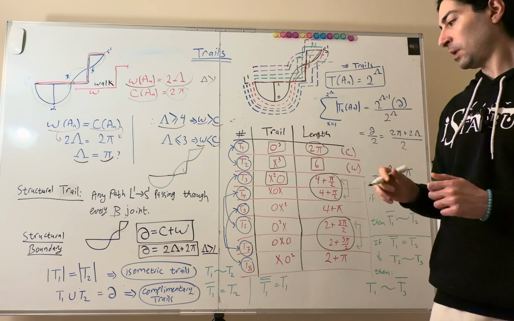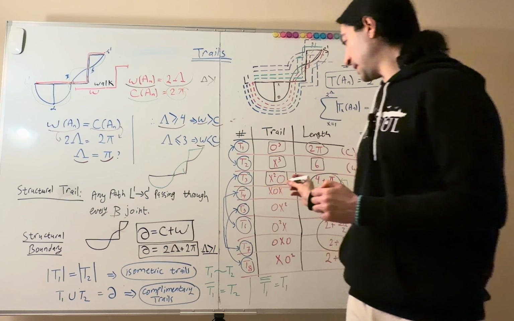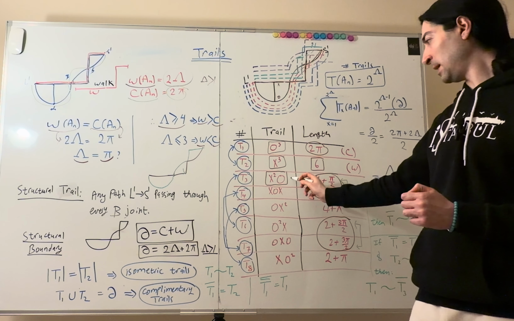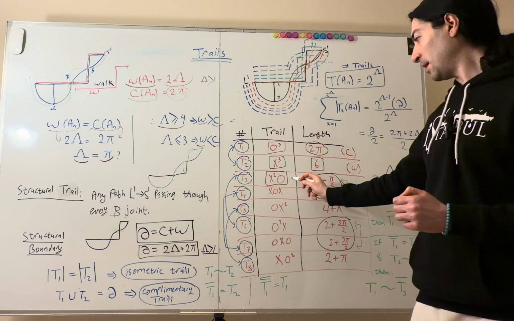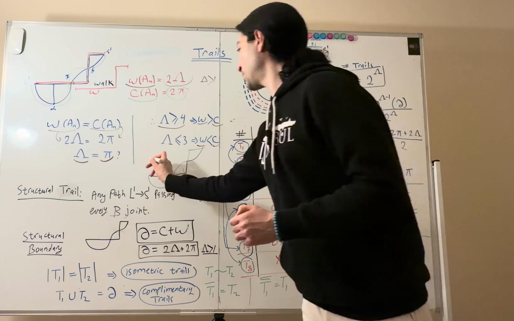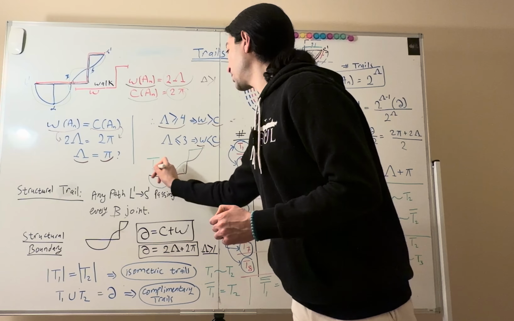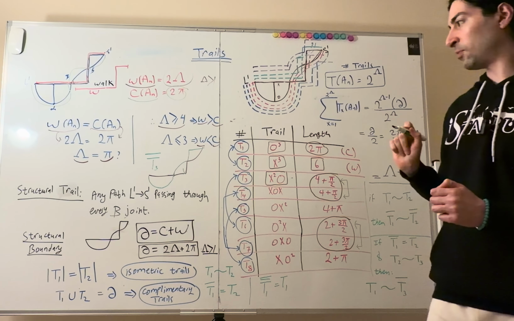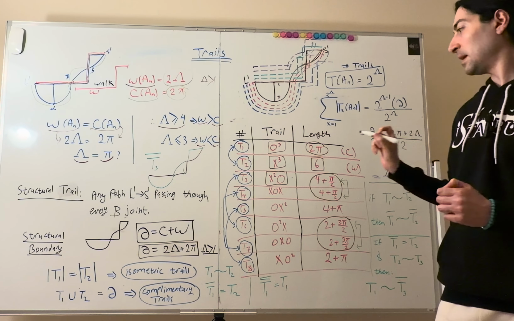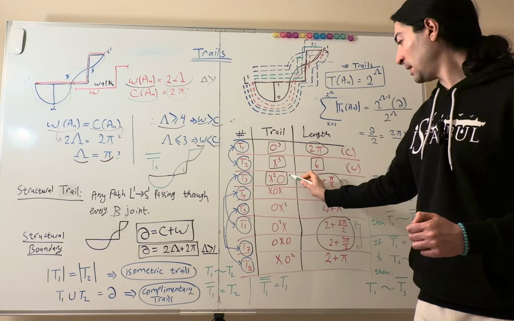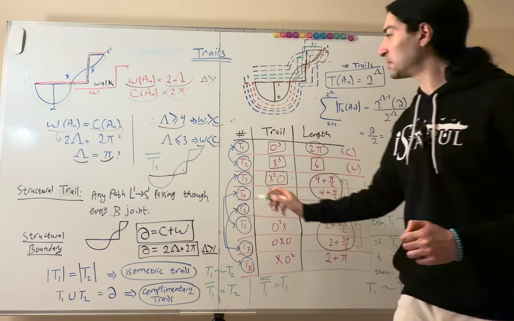So therefore, we will say, in this case, we have T3. The complement of T3, we will put a line over it to indicate the complement. The complement of T3 is this one, T6.